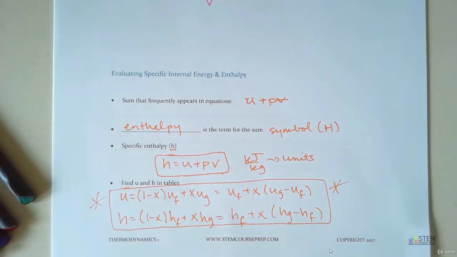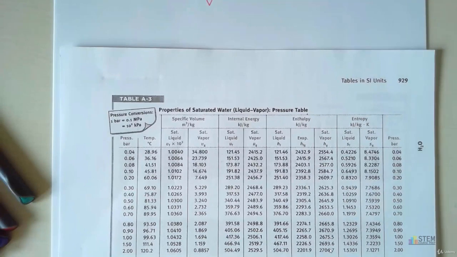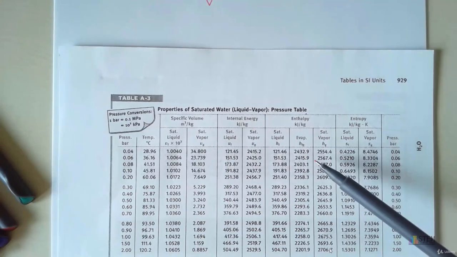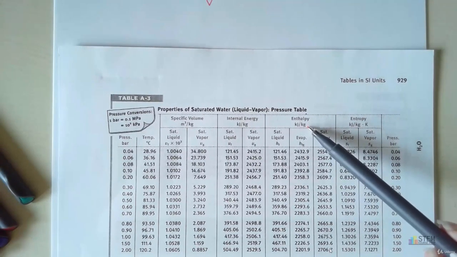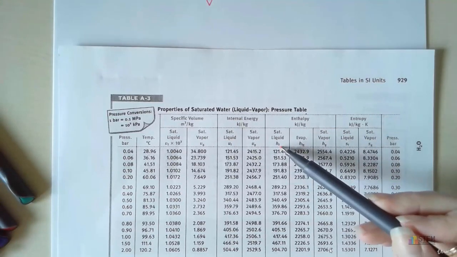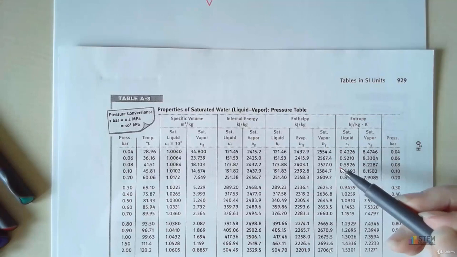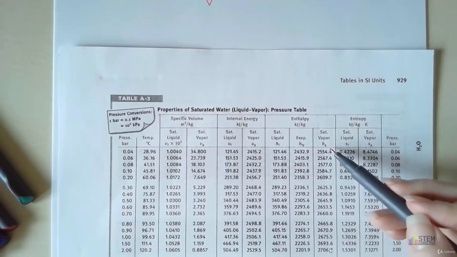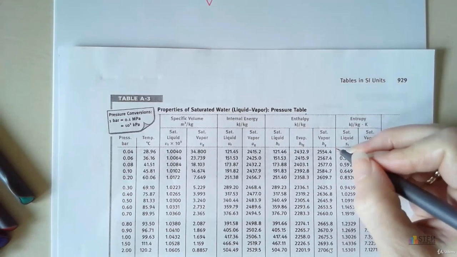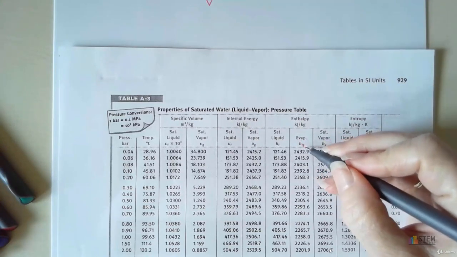Now, if we look at the table, let's come over here real quick. So this is the saturated water table. And if we look in here for enthalpy, here are the enthalpy values right here. Notice we've got h_f, so this is the enthalpy at that saturated liquid point. We also have h_g, that's the enthalpy value at saturated vapor at that point, so at the point g on the vapor dome. And then in the middle, we've got this h_fg.